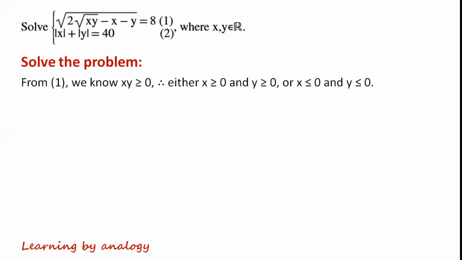From equation 1, we know that xy is greater than or equal to 0. So either x is greater than or equal to 0 and y is greater than or equal to 0, or x is less than or equal to 0 and y is less than or equal to 0.